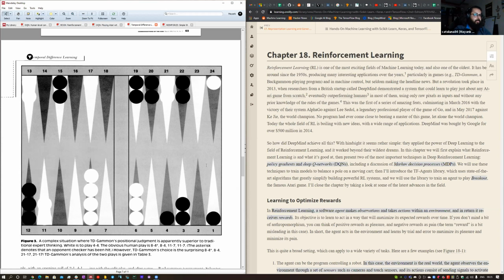This is one of the oldest board games that were first solved by reinforcement learning.